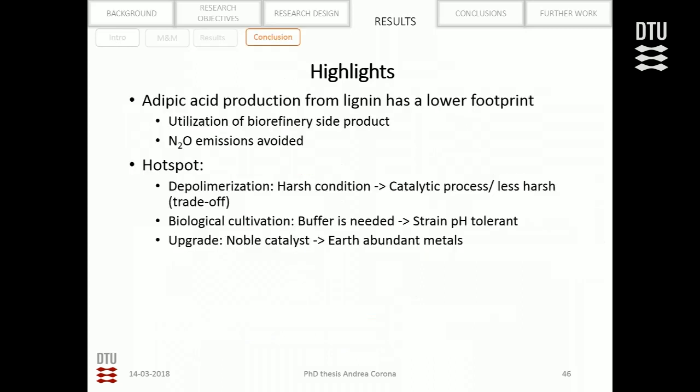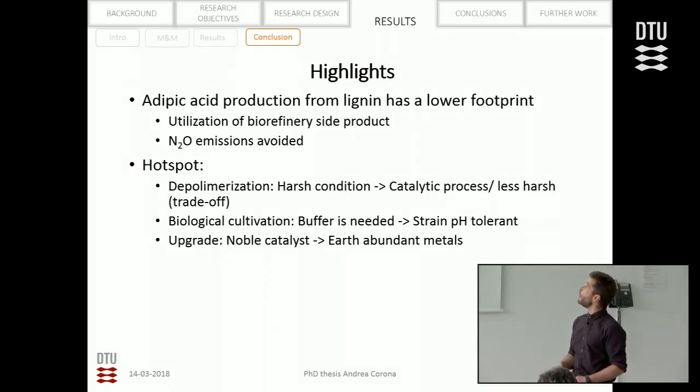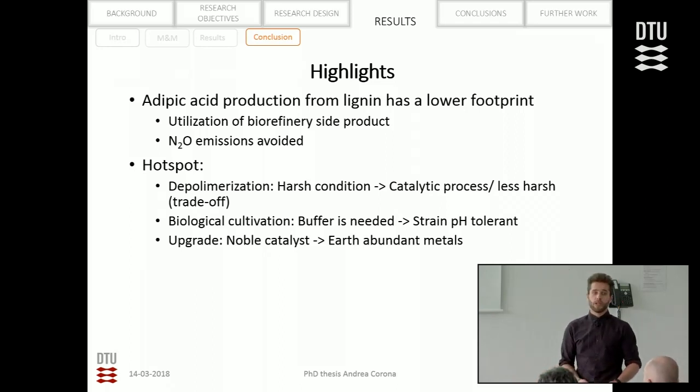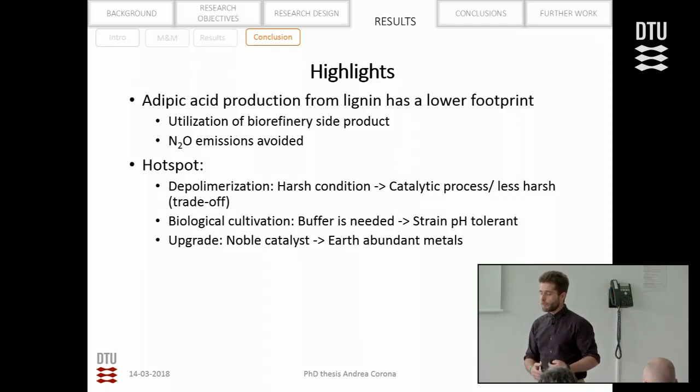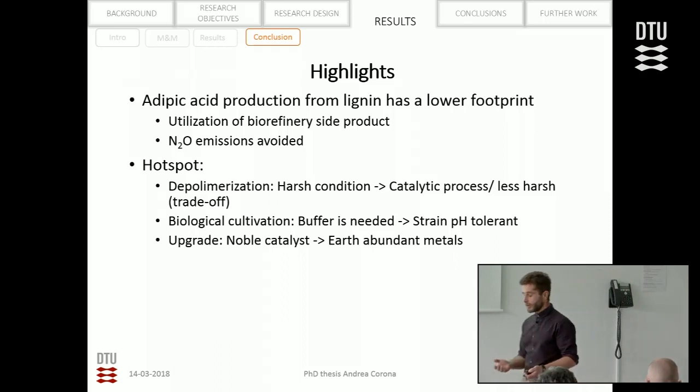So the highlight from this case is that adipic acid production from lignin can have a lower environmental footprint, mainly for two reasons. First of all, because we utilize a side product from a biorefinery, and second, because we avoid the N2O emission, which is coming from the conventional production pathway.